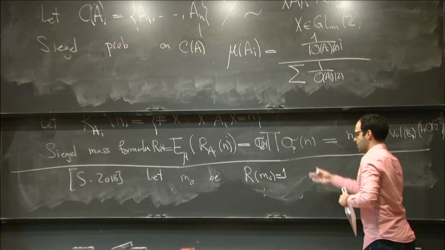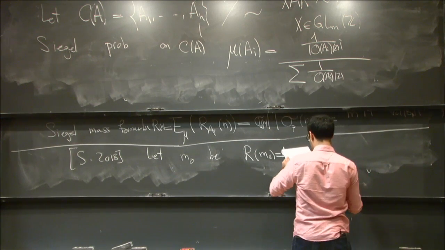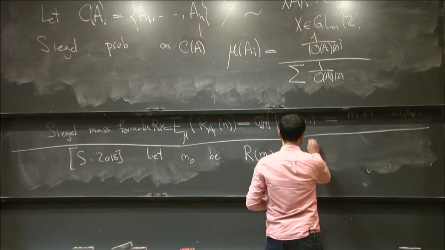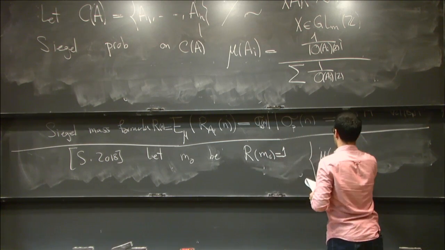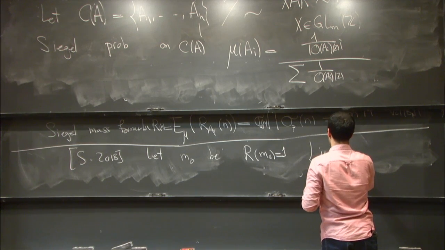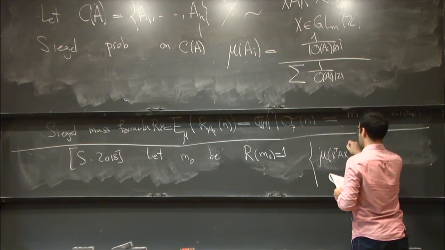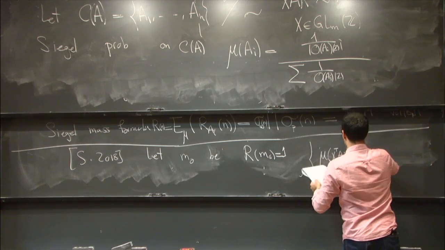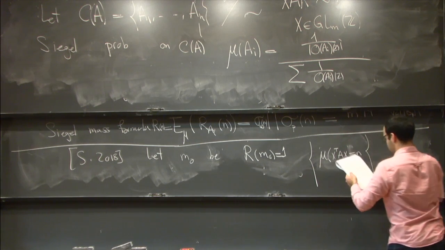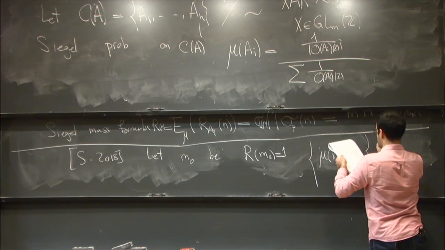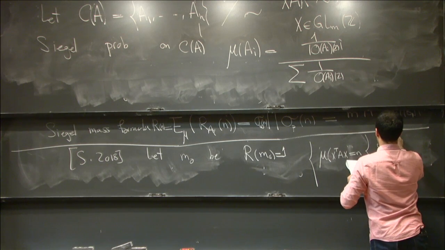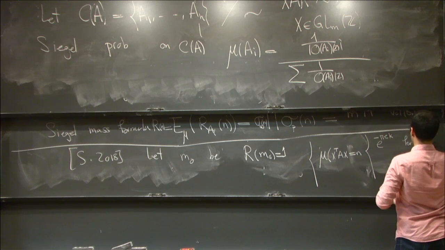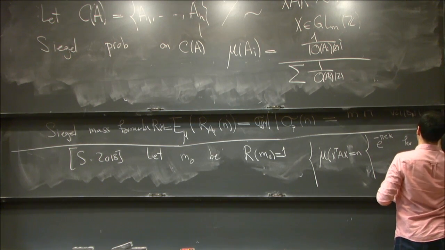For numbers bigger than m naught, we have this theorem. The probability that we represent n inside the genus class with respect to the Siegel probability has this property. It's exponentially small, e to the minus pi e k, for n smaller than m naught by k units.